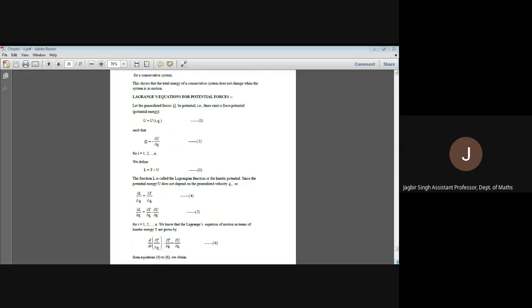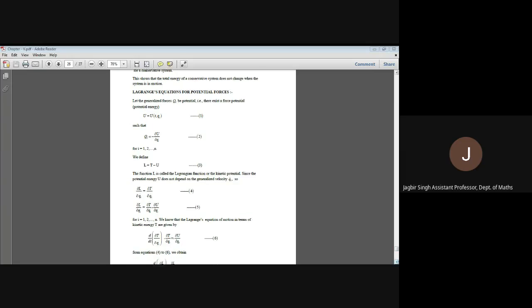Now define L as a function T minus U, where T is the kinetic energy and U is the potential energy. This function L is known as the Lagrangian function and it will be a function of t, qi and qi dots. Now find ∂L/∂qi dot and ∂L/∂qi, and then replace all these values in the Lagrange equation. We will obtain the Lagrange equation for potential forces.